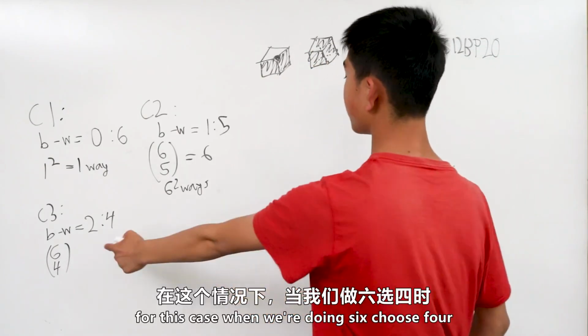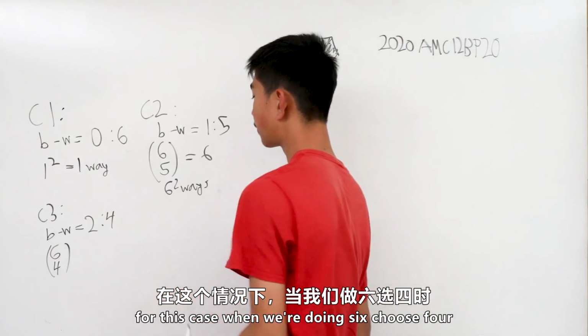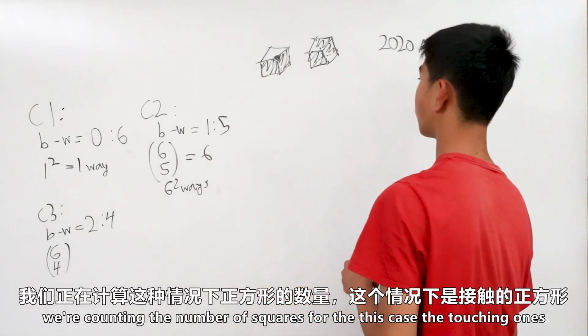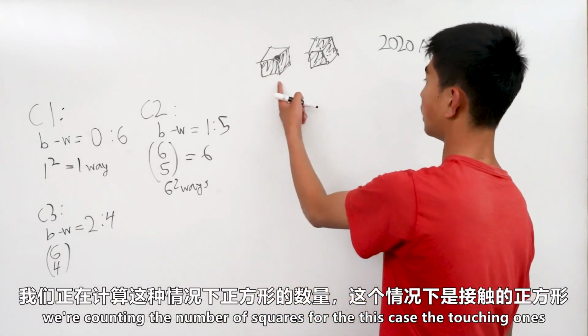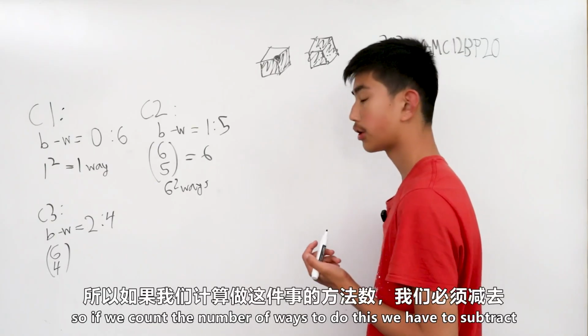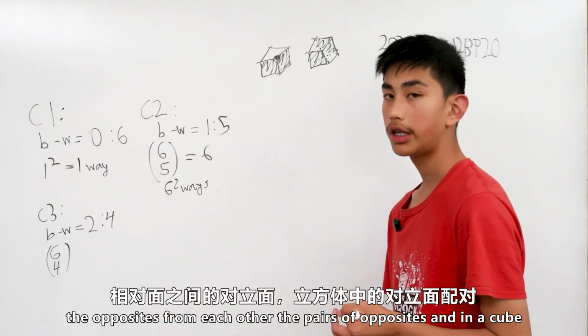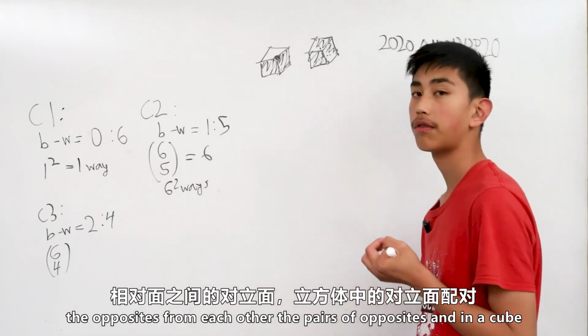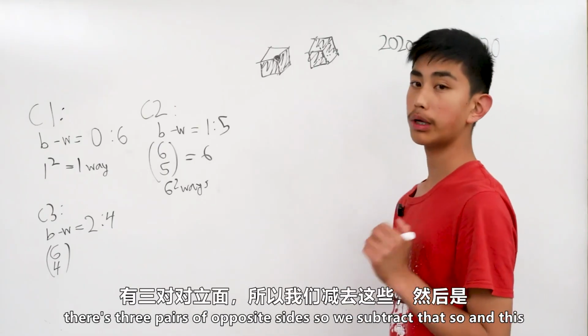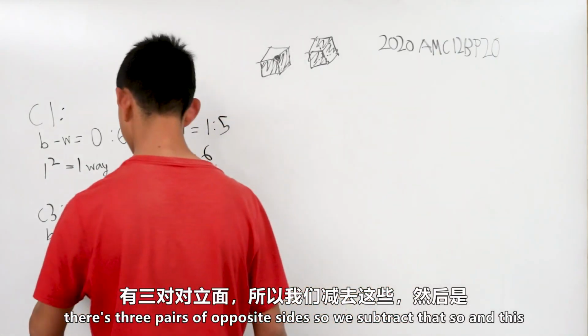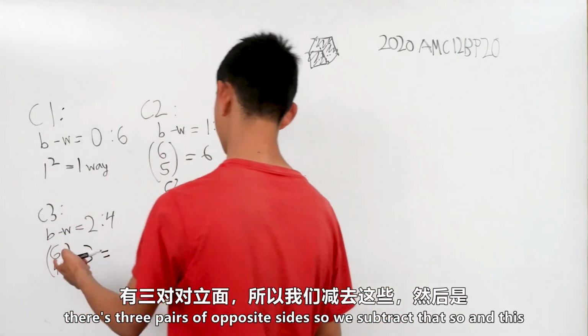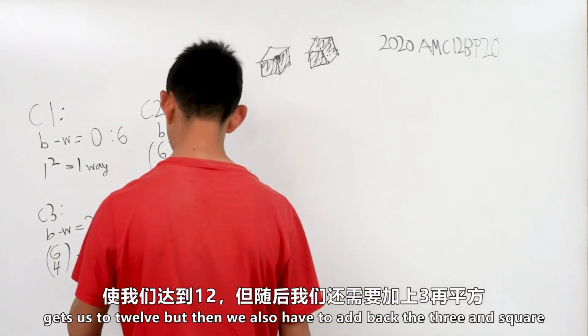Now, for this case, when we're doing 6 choose 4, we're counting the number of squares for the touching ones. So if we count the number of ways to do this, we have to subtract the pairs of opposites from each other. And in a cube, there's 3 pairs of opposite sides. So we subtract that, and this gets us to 12.